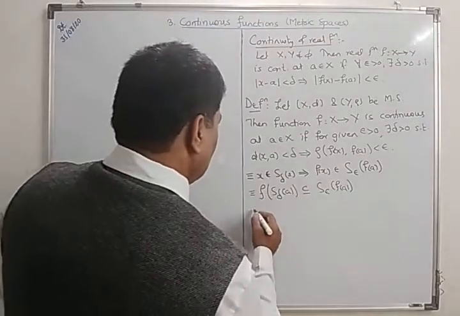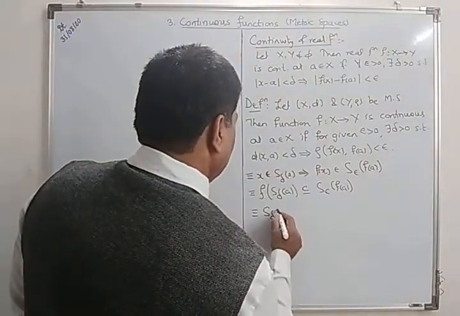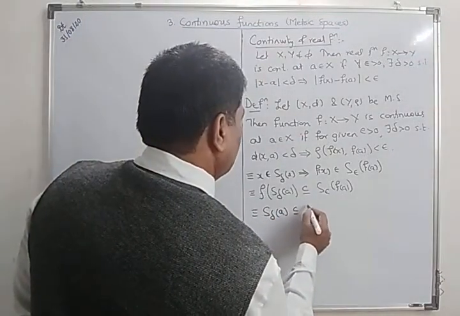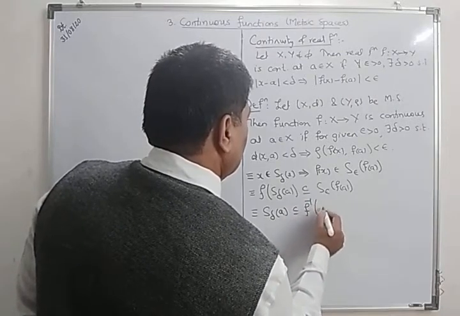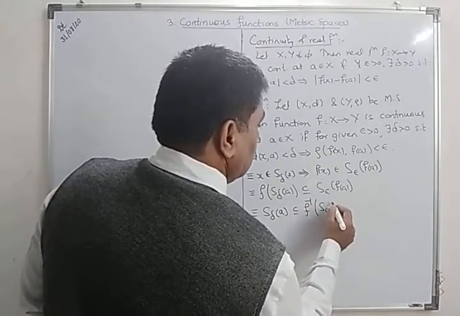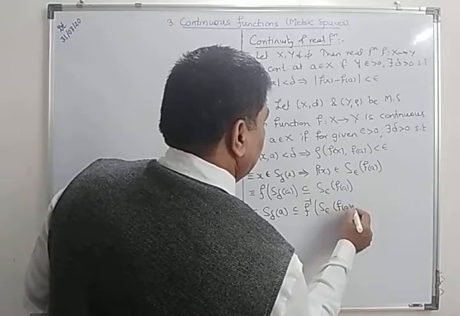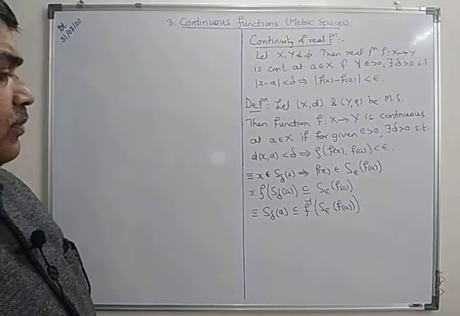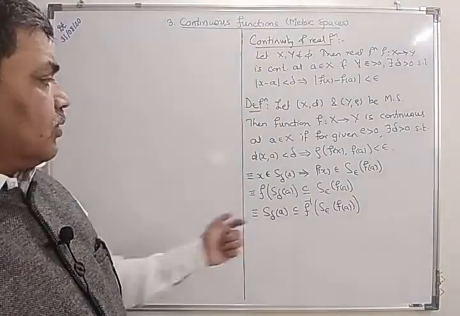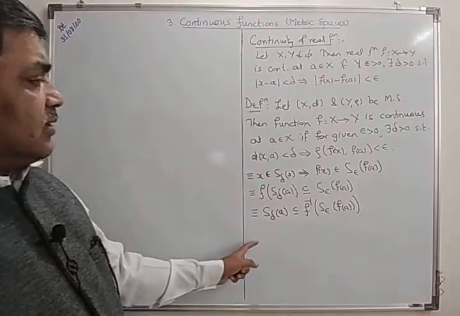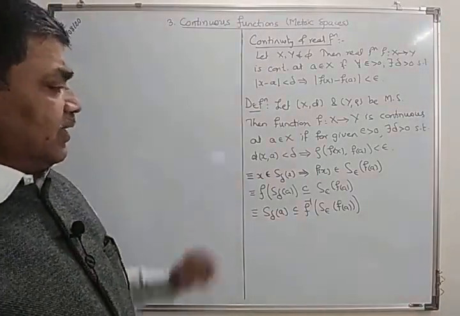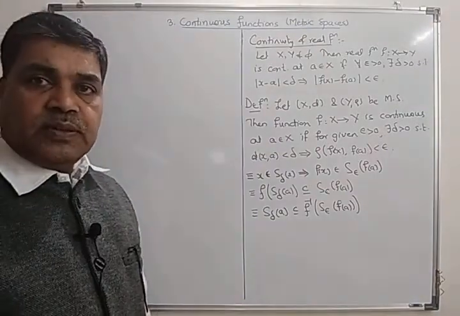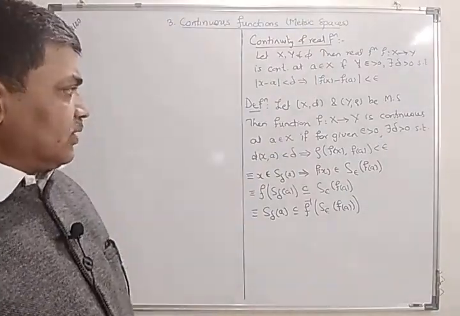Again this is equivalent to S_delta(a) is contained in inverse image of open sphere about f of a with radius epsilon. Okay. So this is generalization of that definition.